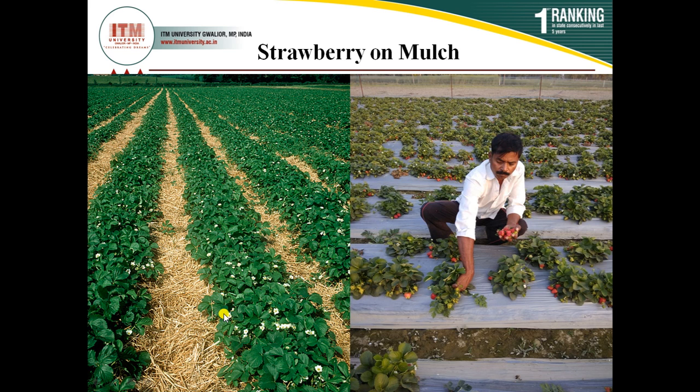So the fruit will not touch the ground surface or soil surface directly, it will rest on the straw. And this is a dry straw, so it has no harmful impact on the fruit, and good fruit quality can be harvested. So this is the reason the fruit name is strawberry. But as I told you, in the older time, strawberry was all the time grown on the mulch of rice straw.